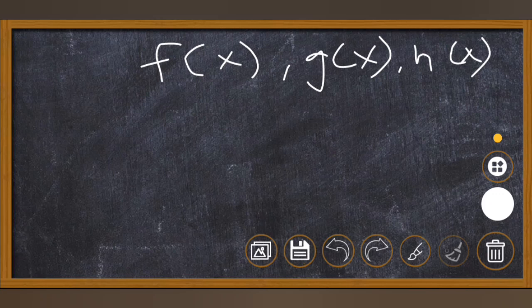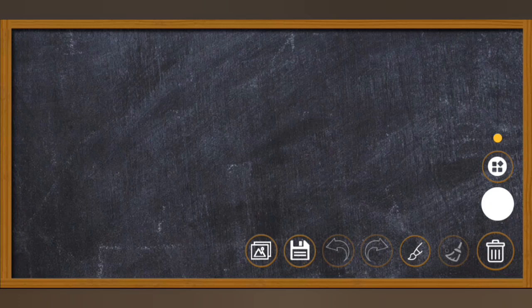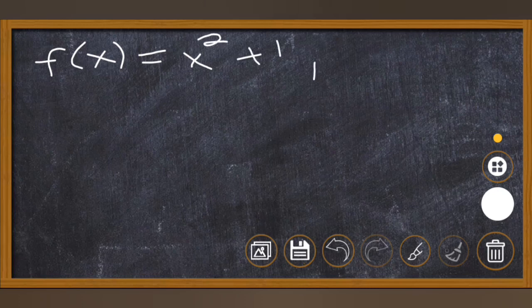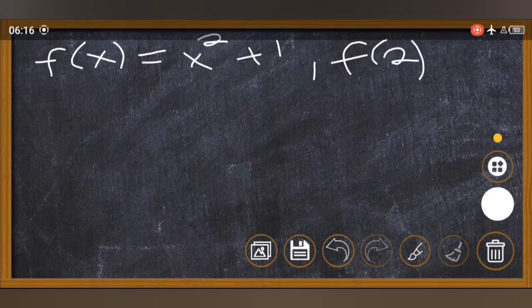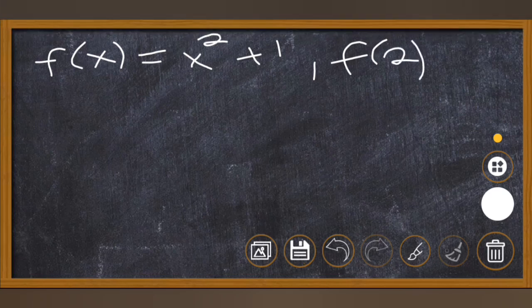So if you have been given a function, you can be asked to replace a certain value into a function. Let's say, for example, you have been given a function f of x equals x squared plus 1, and you have been asked to find the value of f of 2. What this means is that in this function, where there is x, you have to simply replace it with 2.